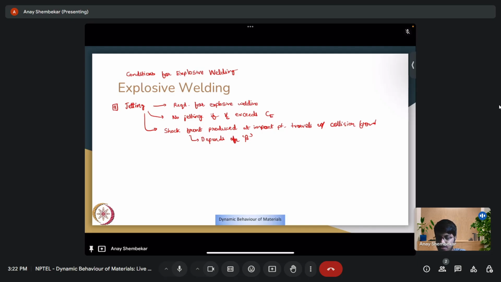Next, there is another condition called critical impact pressure. So there is no jetting below critical impact pressure, which is a material property.